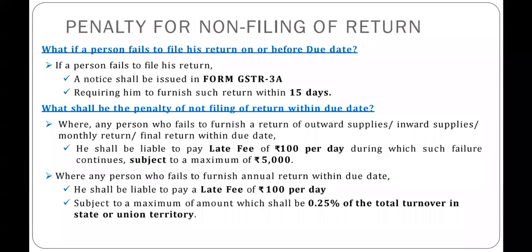Suppose his turnover in this particular state, like Karnataka, is 1 crore rupees. Out of 1 crore, 0.25% will be the maximum amount of penalty he has to pay for the annual return.